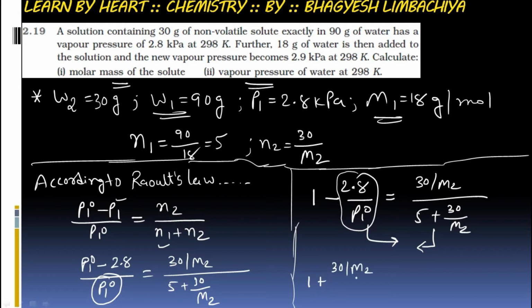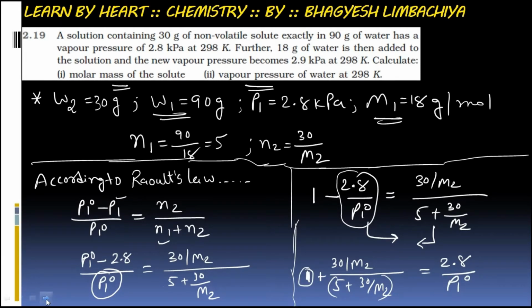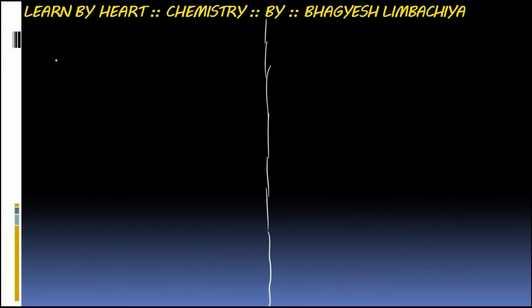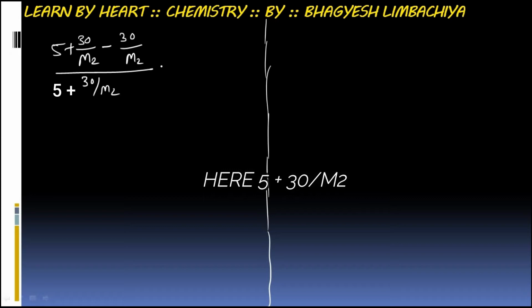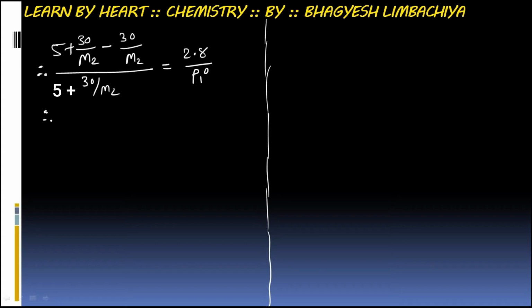So 1 minus 30 by M2 divided by 5 plus 30 by M2 equals 2.8 divided by P1⁰. So 5 plus 30 by M2 is multiplied to 1. So 5 plus 30 by M2 minus 30 by M2 divided by 5 plus 30 by M2 equals 2.8 upon P1⁰.